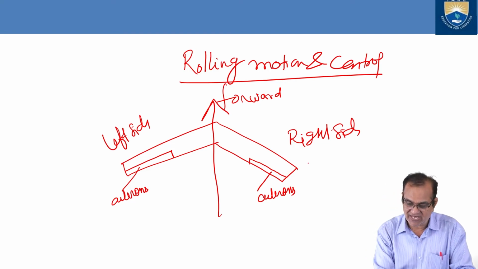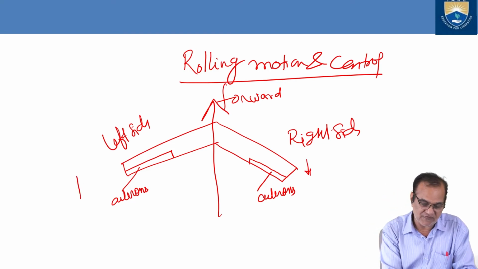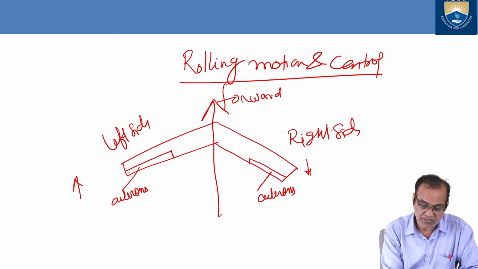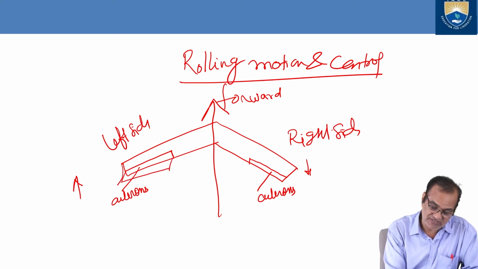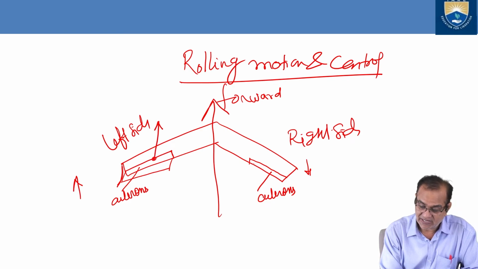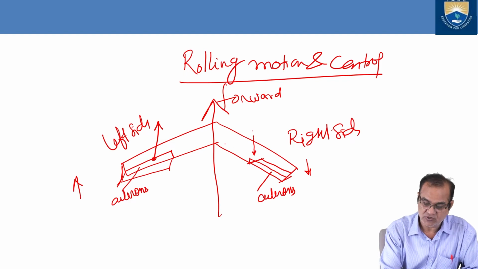If I want to make the right wing down and the left wing up, what do I have to do? This I have to make down like this. So here the angle of attack is increased, so here is additional lift, and here I have to make this upward like this. So this reduces lift. So your rolling will happen towards the right.